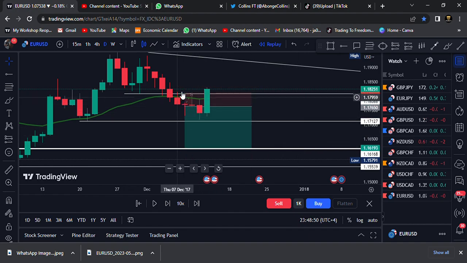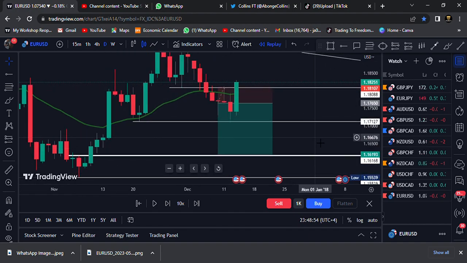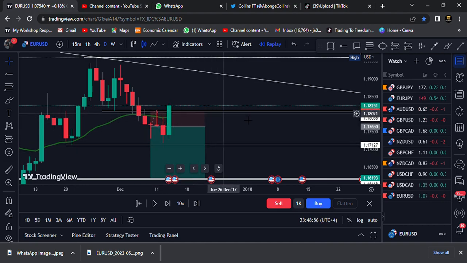So this is also a buy signal, but not a buy confirmation, though a bullish candle momentum. As I said, we only buy above here, and we only buy when we find a signal.